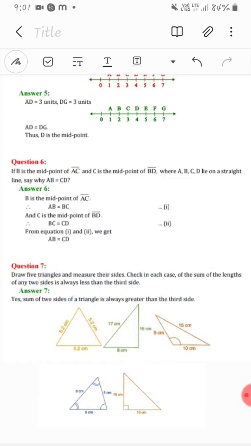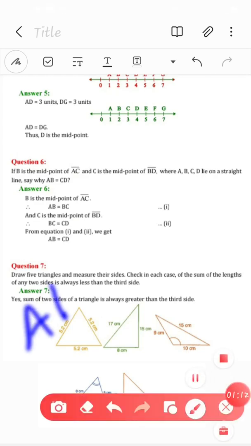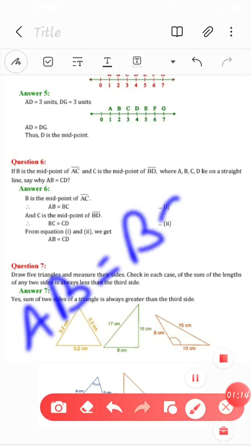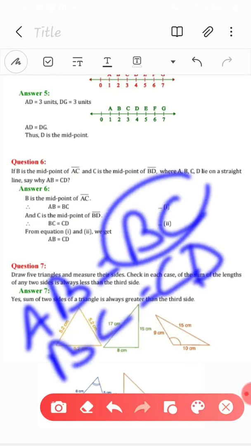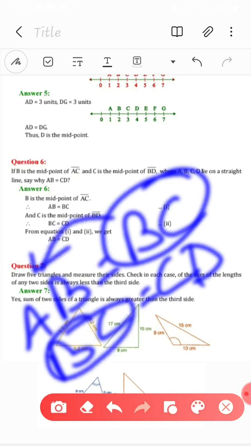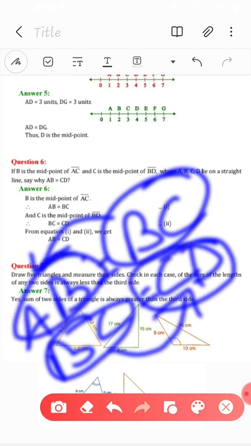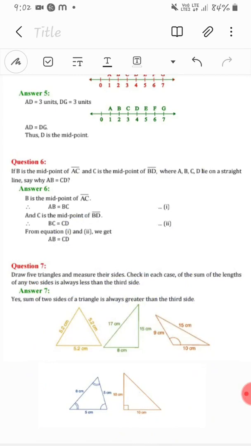From points 1 and 2, we came to know that AB is equal to BC and BC is equal to CD. This BC is the same in both, so BC is equal to AB and BC is equal to CD also. We can say AB is equal to CD. Yes, from the given points we can say that AB is equal to CD.